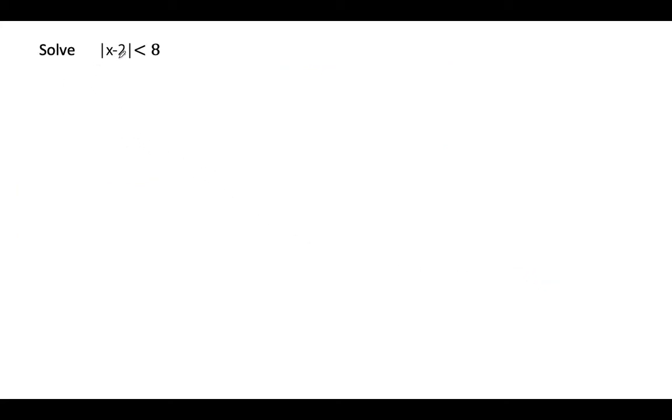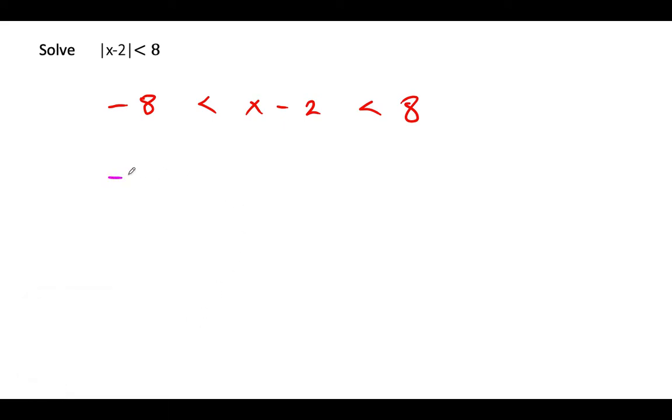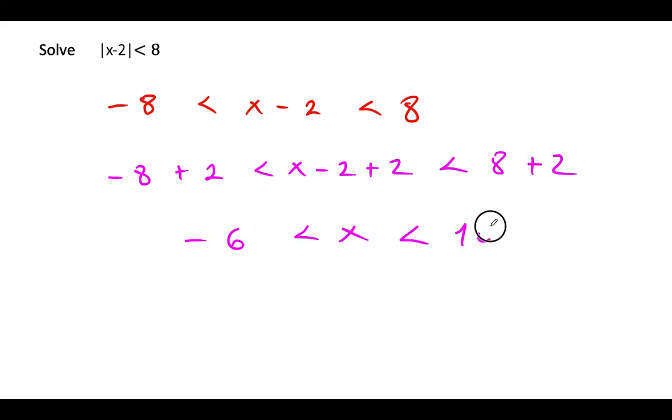So to solve this example, we can say that negative 8, and then to eliminate this one, if we add plus 2 to both sides, we can say that, so this is our solution.